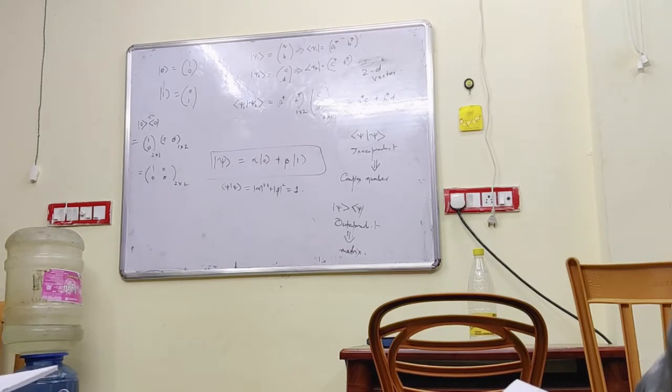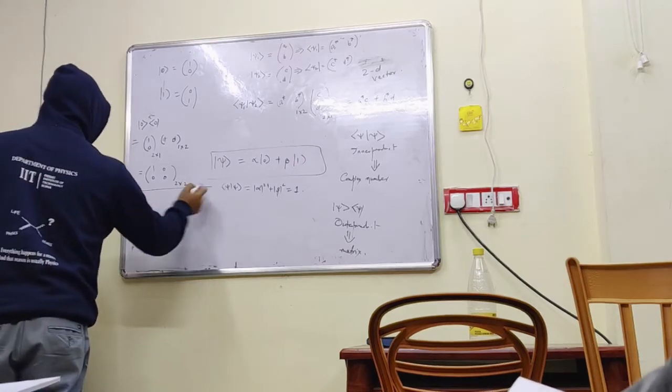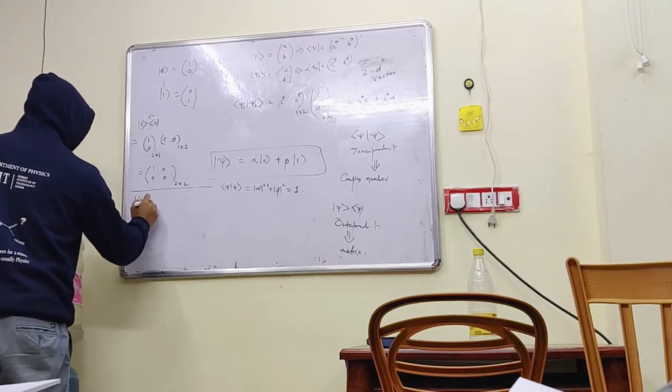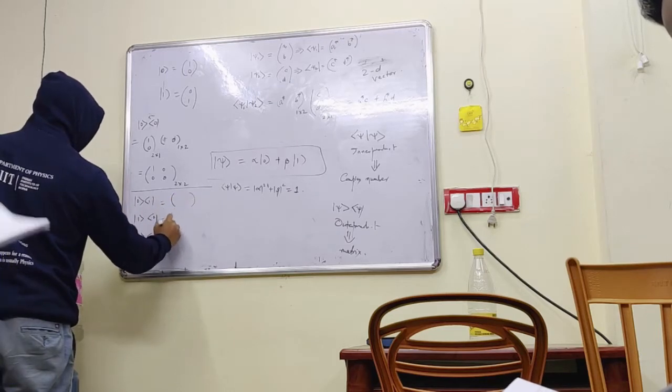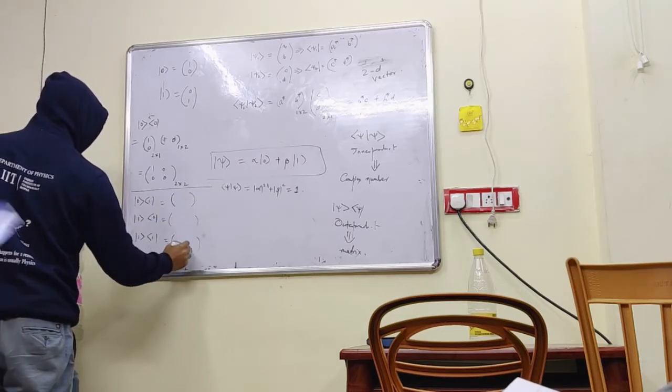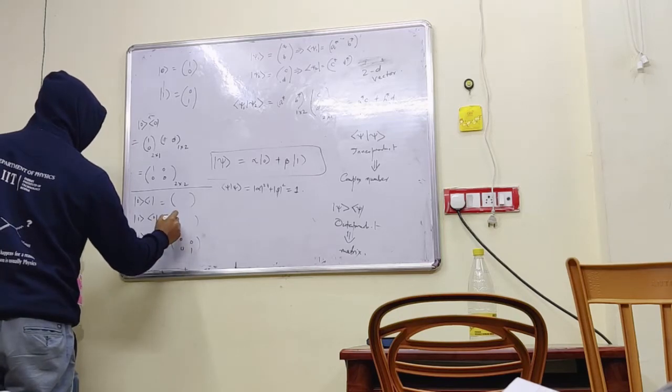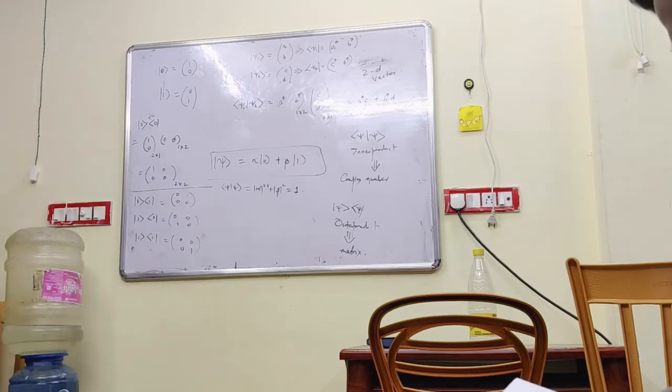Compute it and find out this: [1 0; 0 0]. Now find out these three, and try to get the result on your own.